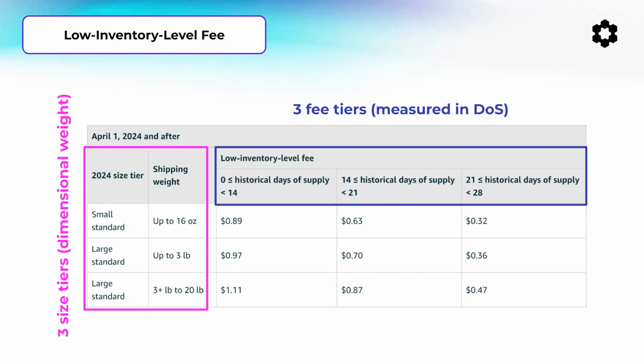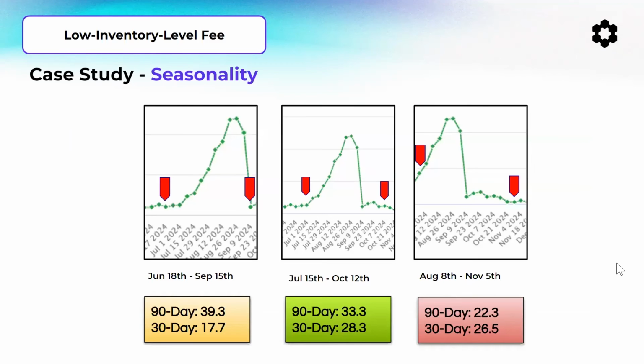As long as you keep a healthy days of supply, let's say above 35 as your buffer stock and your low point, you should be okay. I don't think there are going to be as many people affected by this as you think, as long as you keep a healthy level. We're going to actually go through a couple of examples, some case studies. Did we want to go through that other one with the size tiers and the fees?